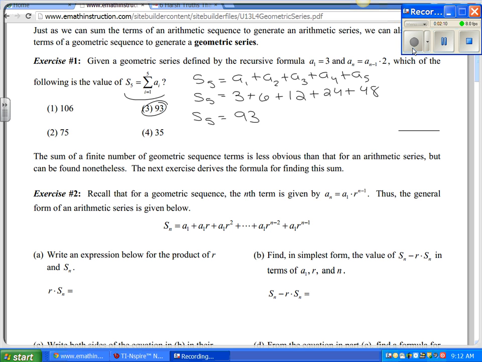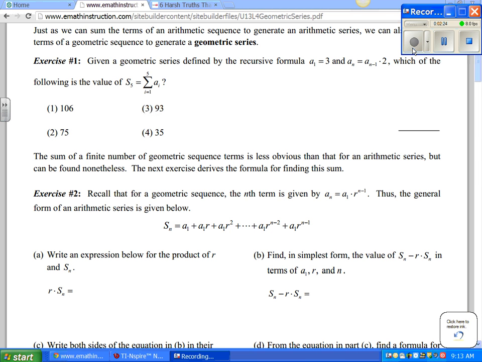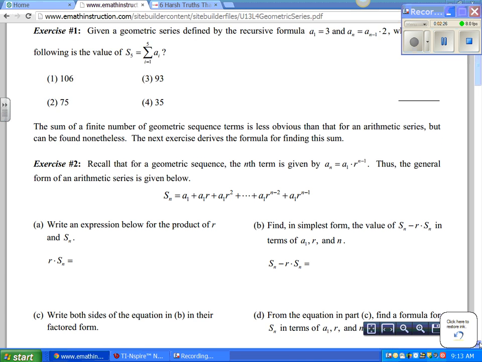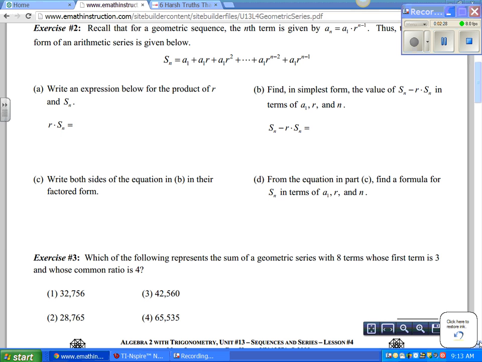Okay? So it's the same exact thing we did yesterday, but we're just using a different formula. All right, generally I would have us go through and derive this formula, but to be honest, we don't have the time.